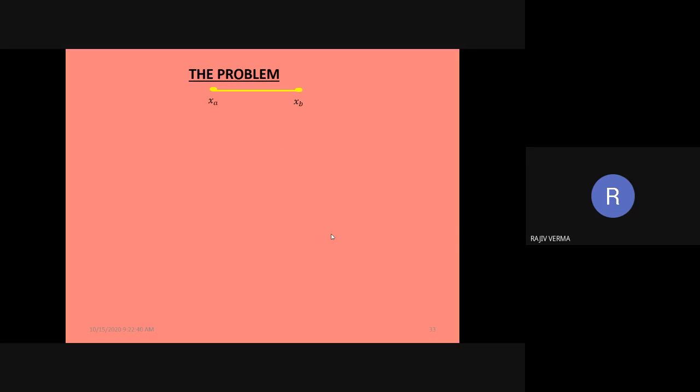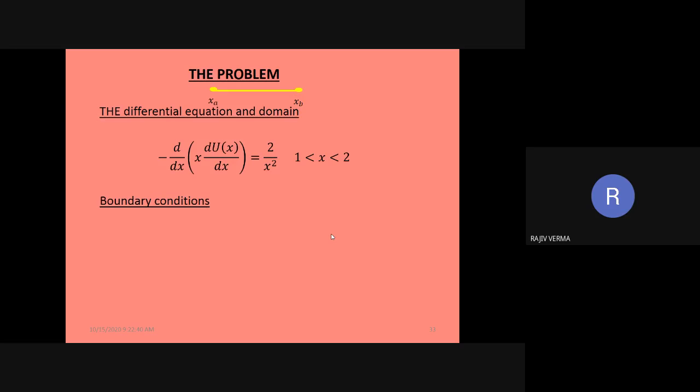So this is the problem. We have a one dimensional domain. The endpoints are XA and XB. The differential equation is the same differential equation which we have taken earlier, and we have the same boundary conditions which we had taken earlier.